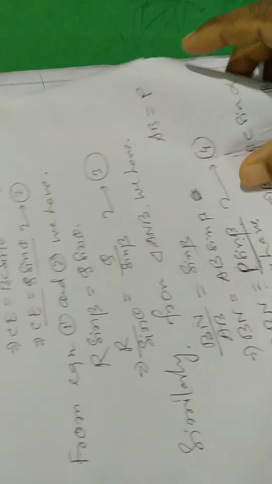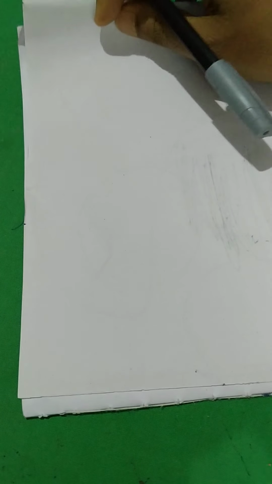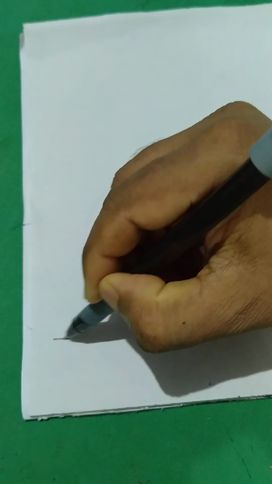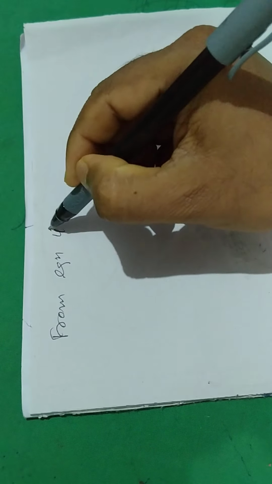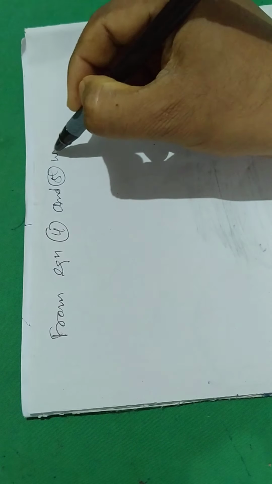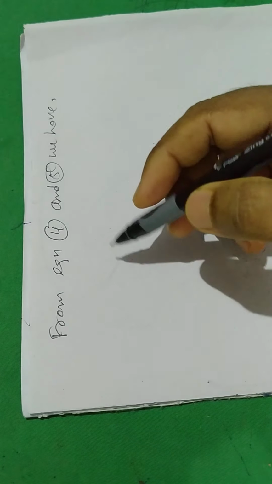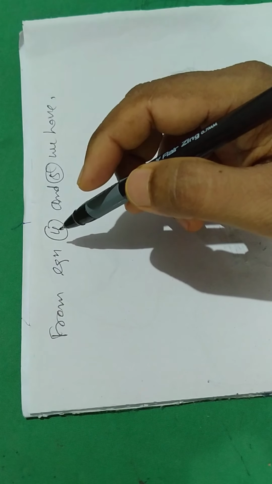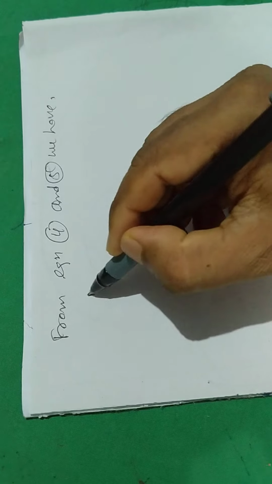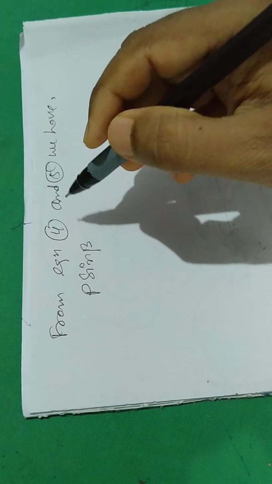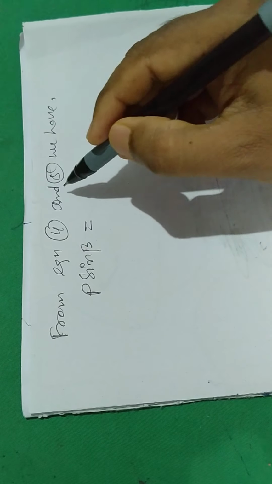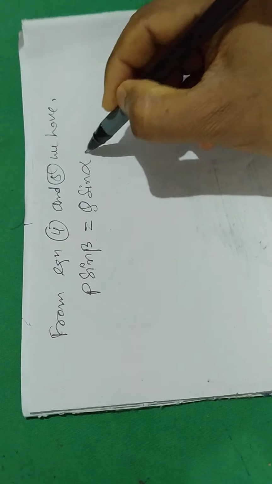So from equations 4 and 5, we have P sine of beta equals Q sine of alpha.